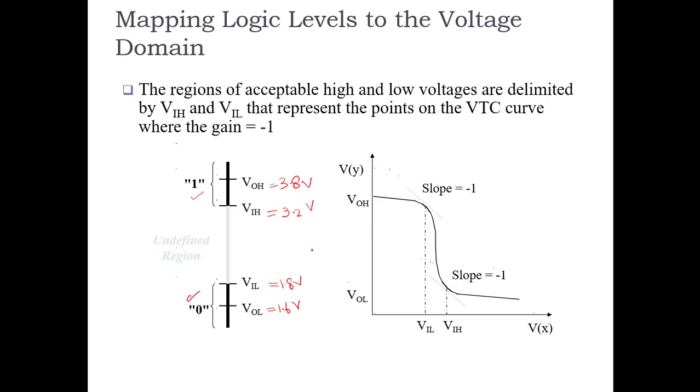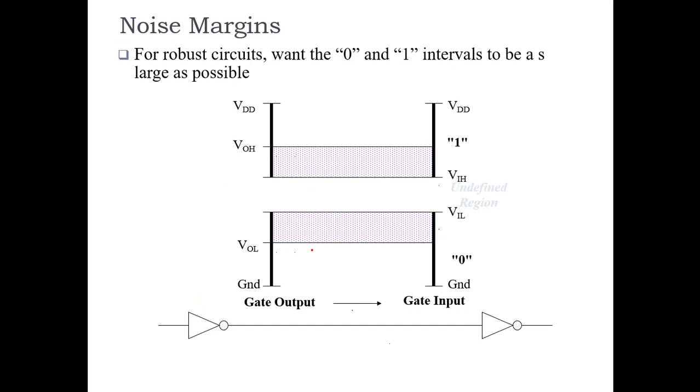What this means is that you hold the sender to a tougher standard. Let me explain this in this slide. We have two NOT gates, gate number 1 and gate number 2, and they are connected. This gate will produce the quantities VOL and VOH.